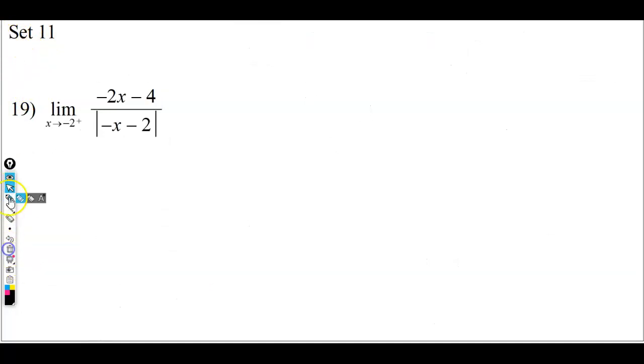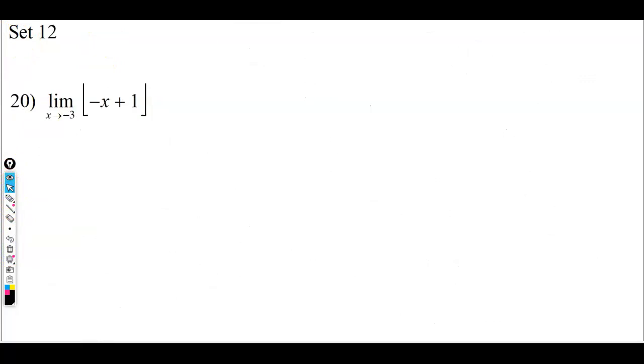Okay. Let's go ahead and move along here. Go ahead and take a look at step functions. Step functions are going to be solved with a table. Okay.